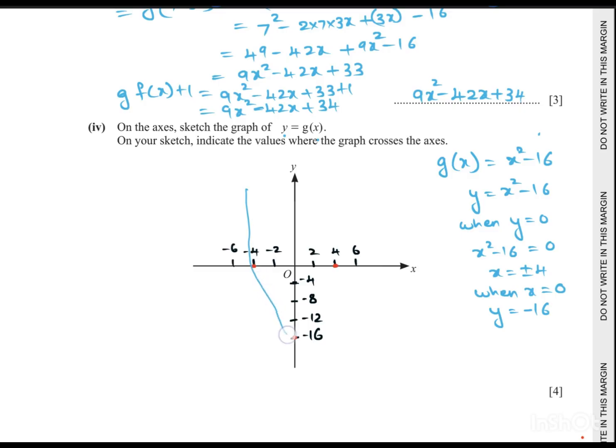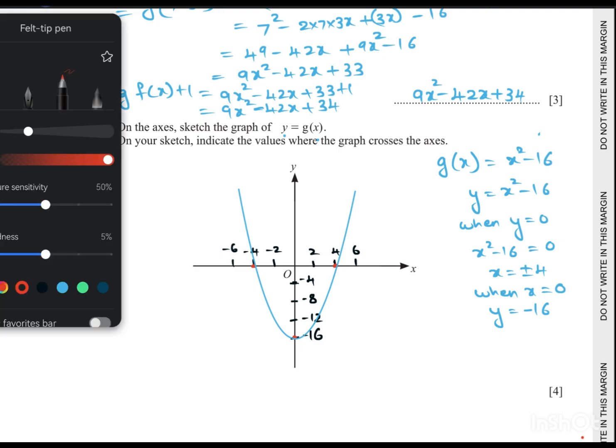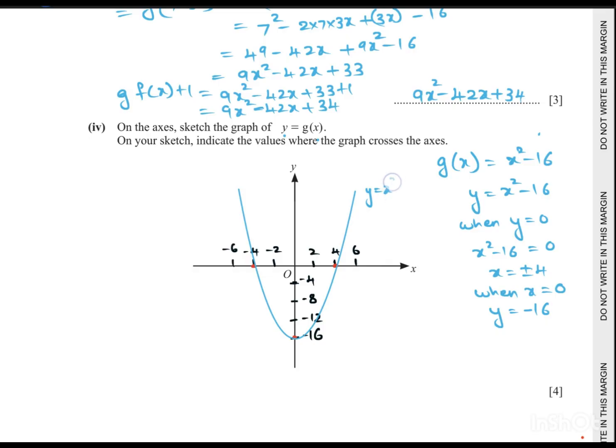Now, this is the graph. Make a smooth graph here. Yes. So this is the graph y is equal to x square minus 16.